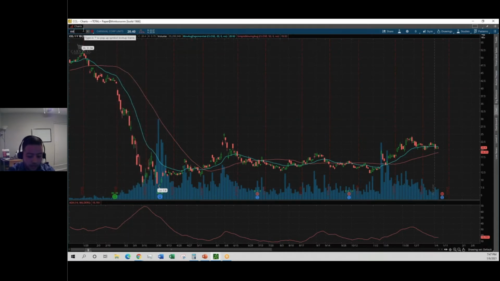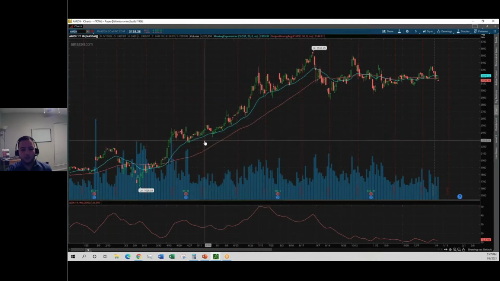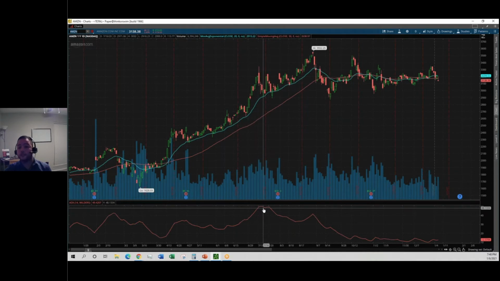Same thing with something like Amazon, right? As the ADX moves towards the upper values, we see a strong uptrend. If you're trying to short Amazon, most times you're going to lose money. So when the ADX is high, do not try to place a bet against the trend, because most times you're going to get burned.